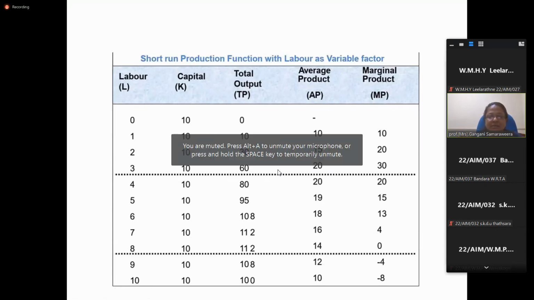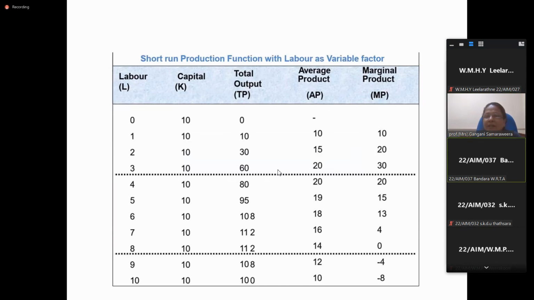Isn't there any question? Isn't there any use of the capital, madam? There is the K, or there are tens in this chart.